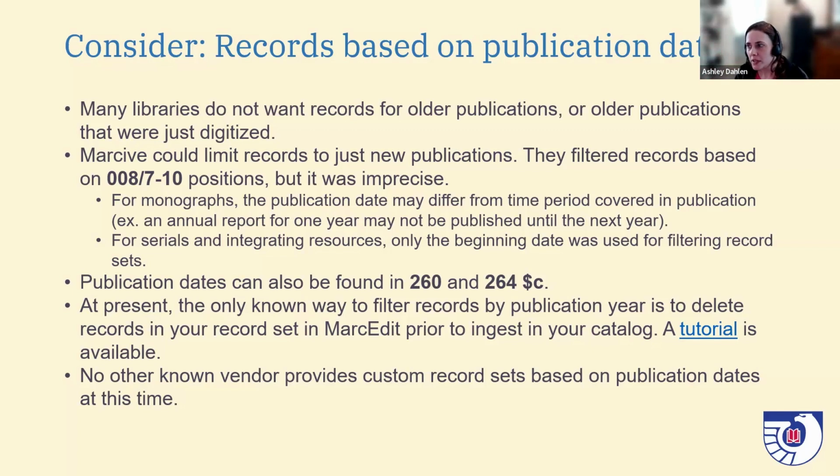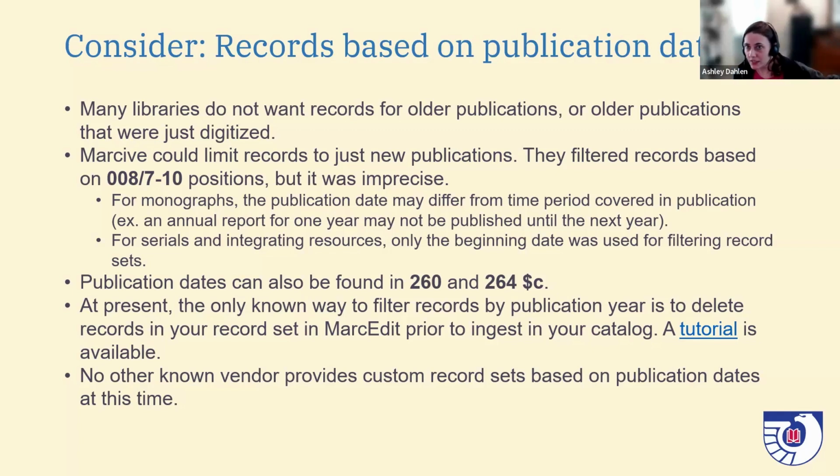For serials and integrating resources, only the beginning date was considered when Marchive was filtering out record sets. So if you said you were only interested in publications that were dated 2000 to present, that's fine. But if the 008 position said 19uu or 1990 or whatever, the start of the publication, even if it's still an active serial, the start of the publication preceded your window.